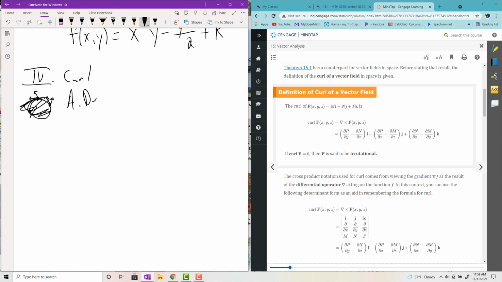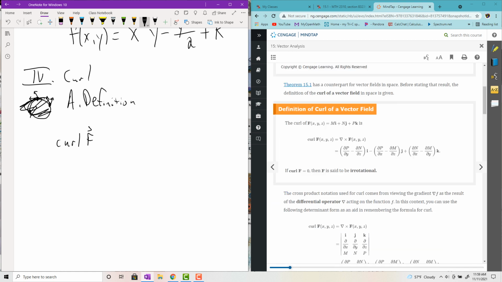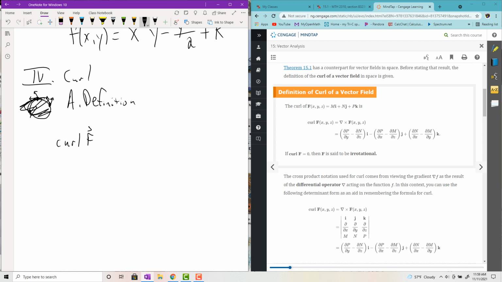The definition of the curl of this vector field, and this is three-dimensional, the way I think of it is in terms of a determinant operation where you're taking partial derivatives of the components of F. The components of the vector field this time will be M, N, P, and across the top I'm going to put partial derivatives.